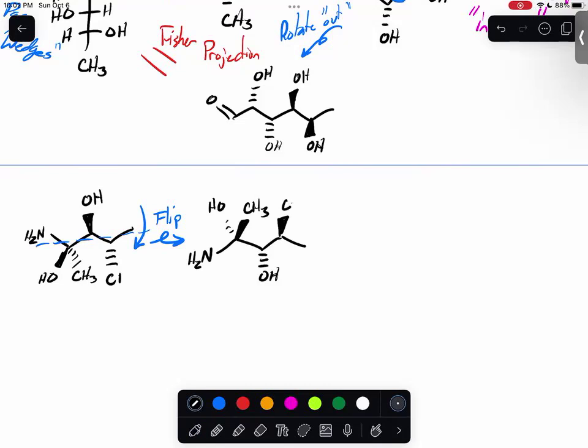Okay, now we're going to do that rotate inward. All right, so all the bonds are getting rotated to where now they all are facing in towards one another. So the first one isn't going to change, right? The stereochemistry there is the exact same.